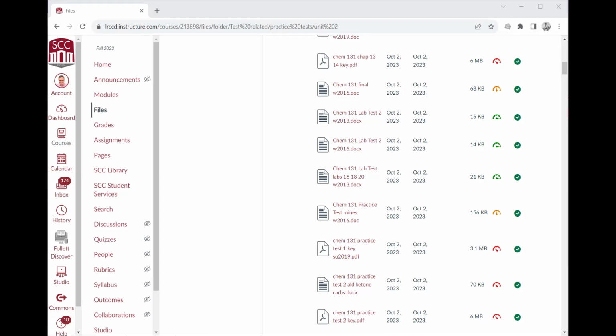Then I converted it to a PDF file to load onto OneNote.